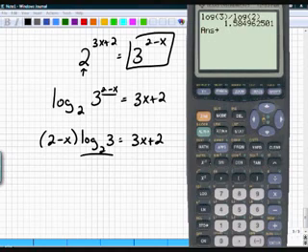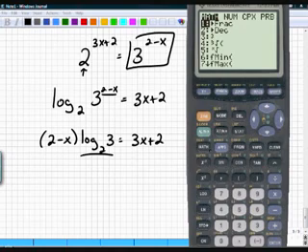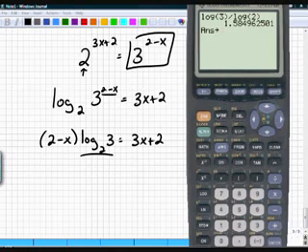Use your store key. We're going to do store into, STO. It's right above the on key. STO with an arrow. Store into alpha, wherever you want to store it.